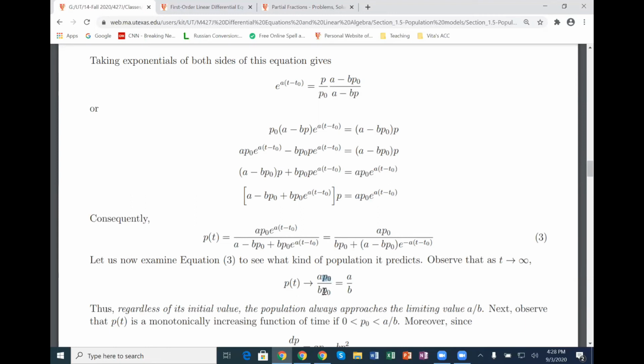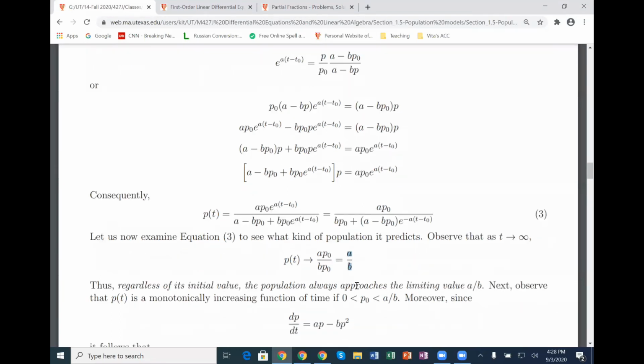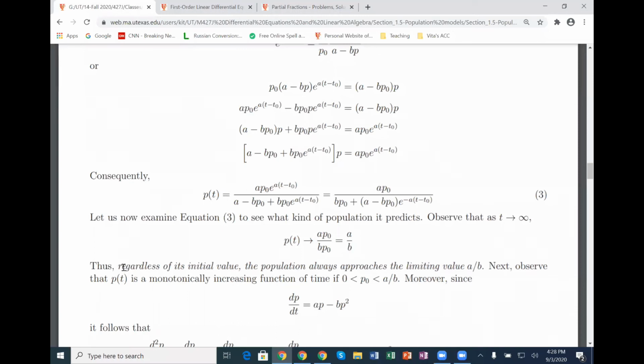And after the cancellation of p0, we get a over b. We came up with the following very important conclusion. Regardless of its initial value, the population always approaches the limiting value, a divided by b.